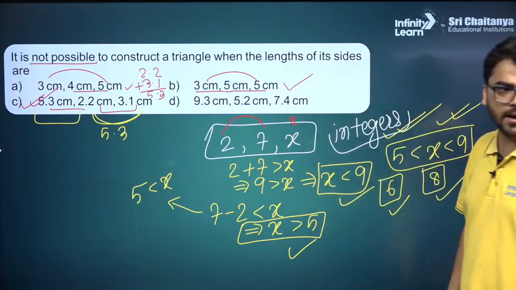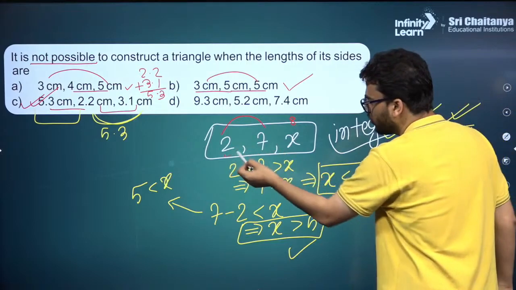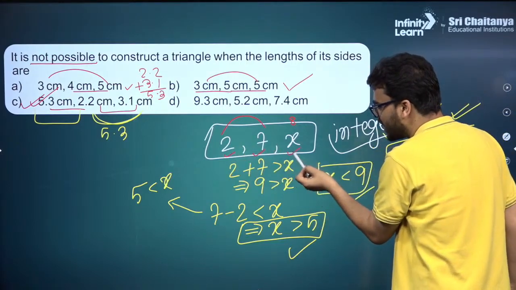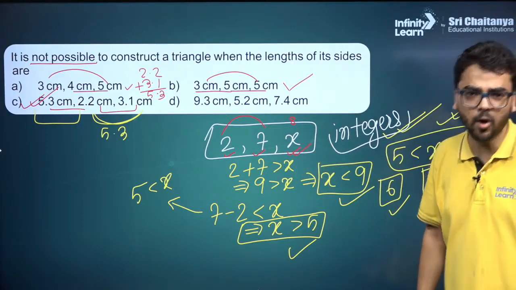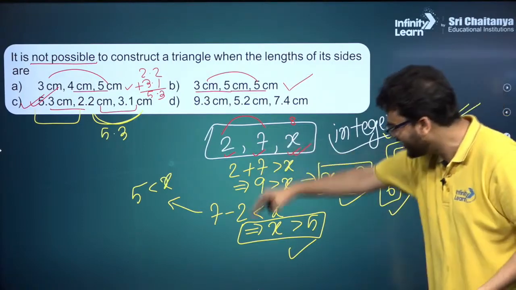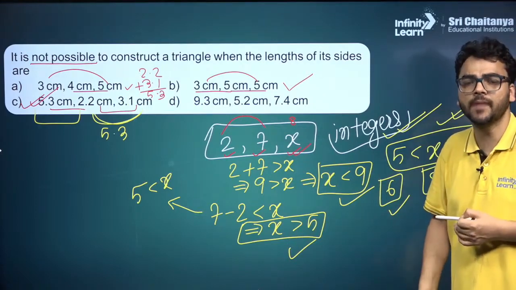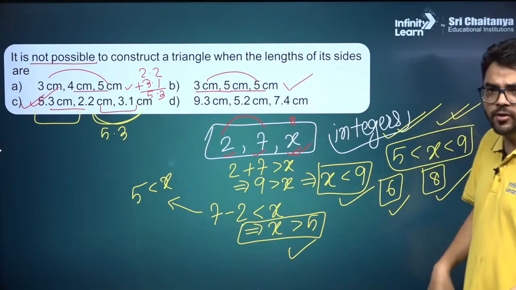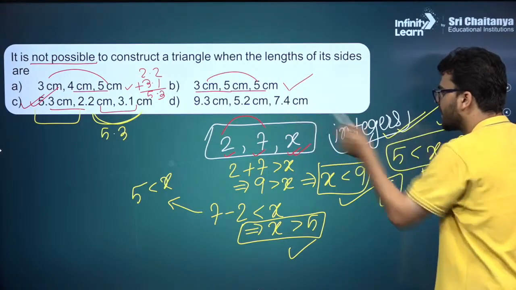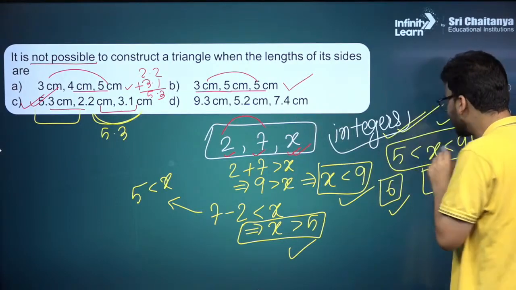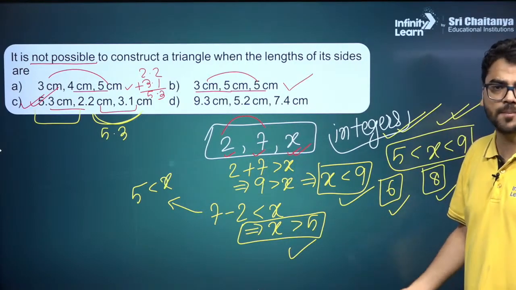Correct? Over here we have got 2, 7, and then we are telling that this is 8. So it will satisfy the triangle inequality, because we are getting these things from the triangle inequality only. How can it be wrong? We have started from that point only, so it will not be wrong, Bimla. You got that logic? We have started from the triangle inequality itself. Even if you check it, it will not be wrong.